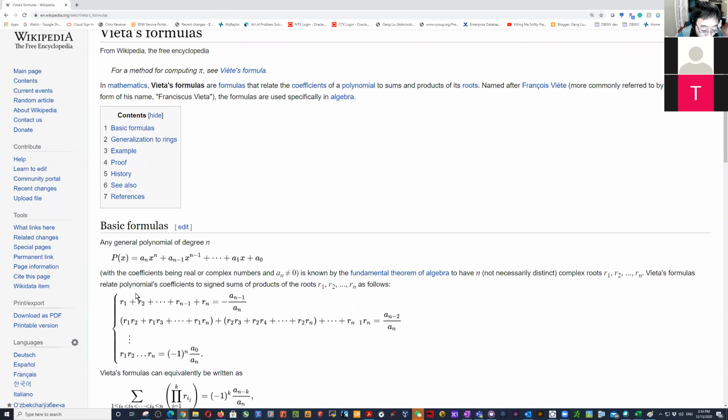This is the first symmetric sum, and the second symmetric sum is all the possible products of two of the roots. Then this is the highest, the nth symmetric sum, and it's just a flip-flop.